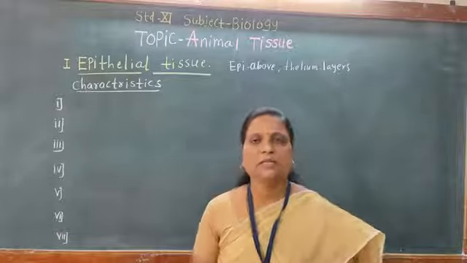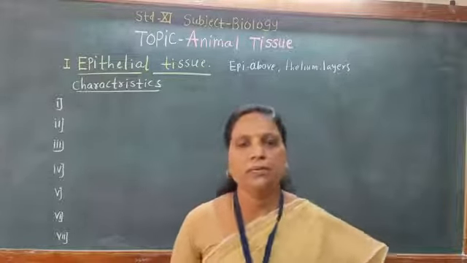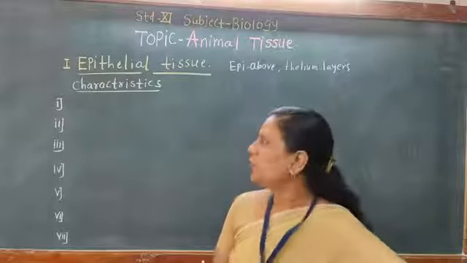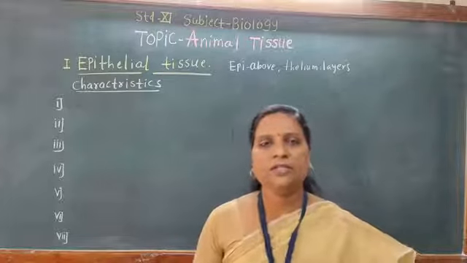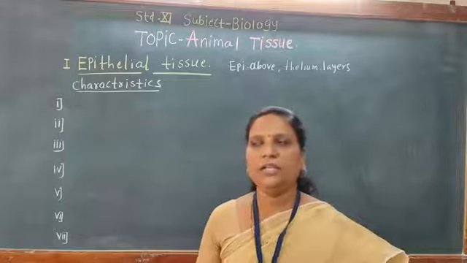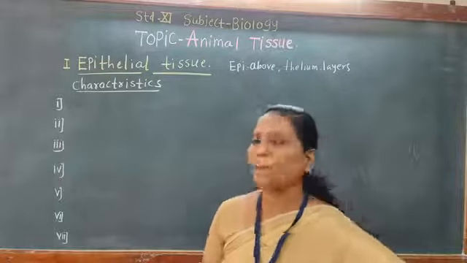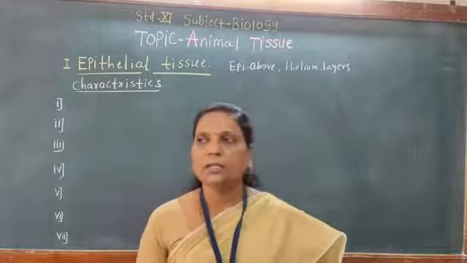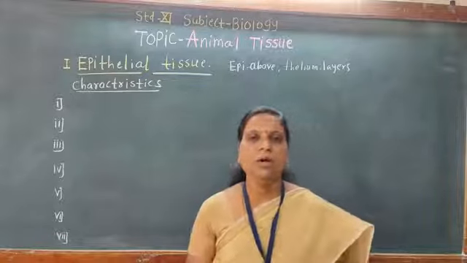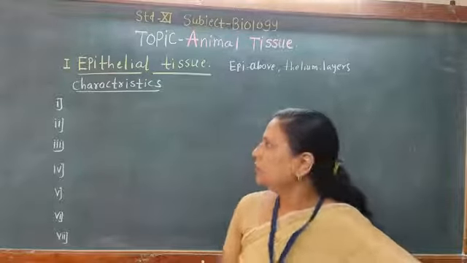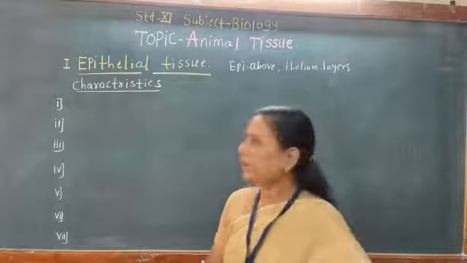Our skin, that is the epidermis, is also made up of epithelial tissue. Wear and tear means continuous exchange of cells, regeneration of cells. It is an important characteristic of this tissue that cells divide and redivide, that is, they show regeneration. So one by one, first we will study the characteristics.